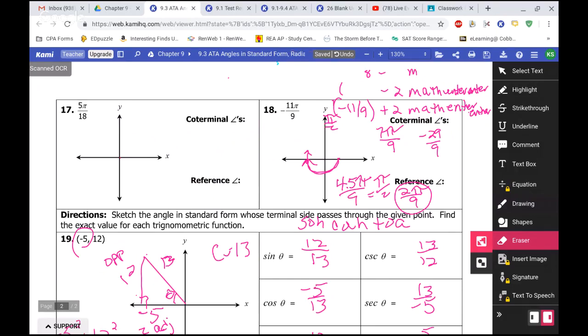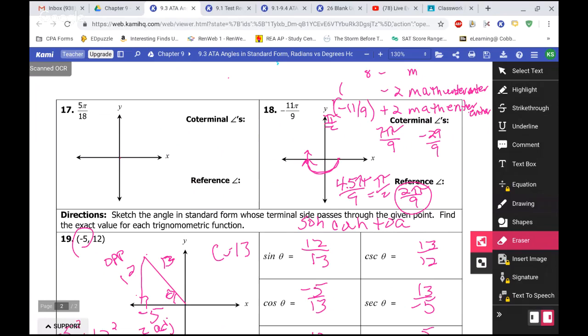With the coterminals on these, obviously you can switch it, just make sure you switch it back. Or, on this one, I would actually be adding 36 over 18 or subtracting 36 over 18 to get the coterminals. Does that make sense?